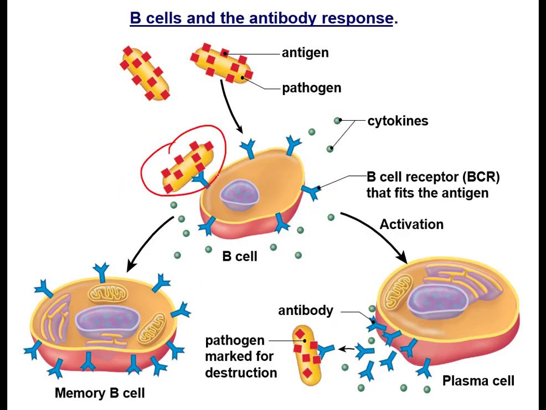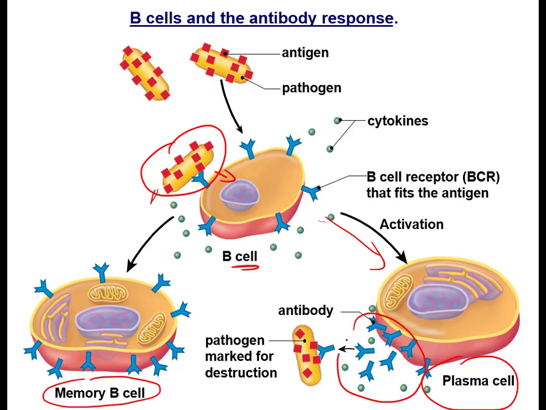Pathogens will bind to B cells. The B cell will then activate. Some of the B cells will form memory B cells, and their job is to remember this pathogen in case it ever comes back, so you don't get sick twice with the same thing. The other group of B cells will form plasma cells. Plasma cells secrete a whole bunch of antibodies. Antibodies will bind to that bad bacteria and mark it for destruction.